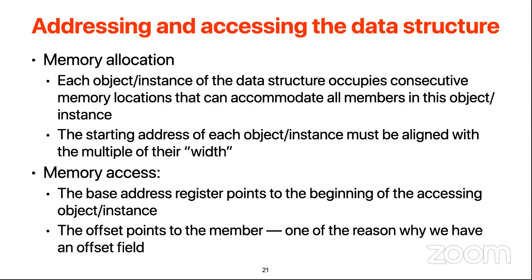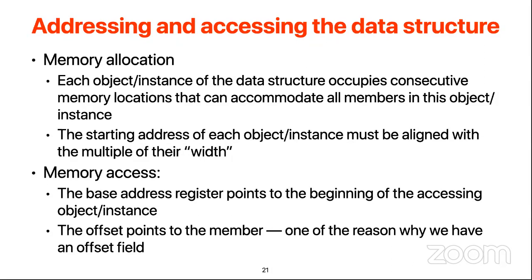Another thing I want you to remember is that we didn't talk a lot about the memory abstraction. However, in instruction set architecture, we do have the constraint of aligned memory access across all modern architectures, not just MIPS, not just ARM, but also x86, in that each object instance of a data structure in a programming language occupies consecutive memory locations, and they must all start aligned with 8.